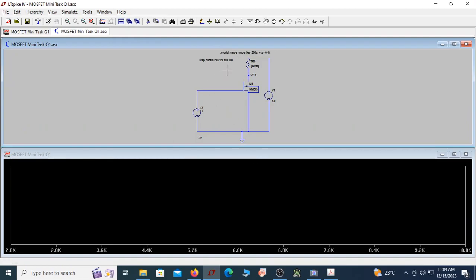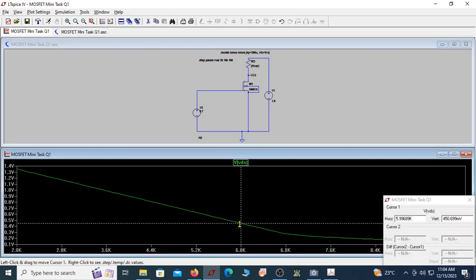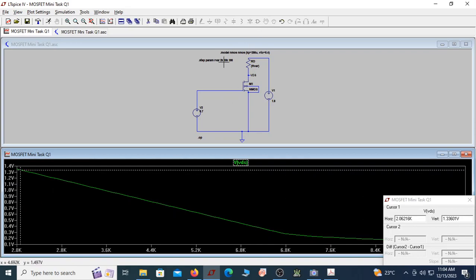If I see this voltage VDS, see, VDS is a large voltage when the resistance is very small. We are starting from 2K to 10K. When it is 2K, you can see the VDS is 1.33 volt, and since it is far more than 0.3, it's in the saturation region.